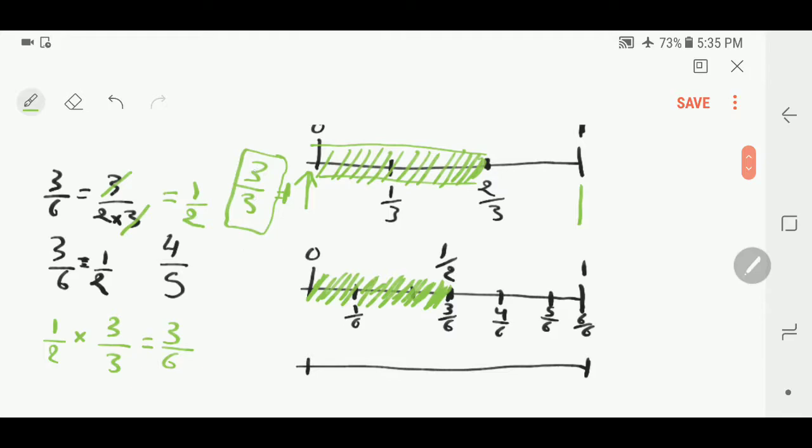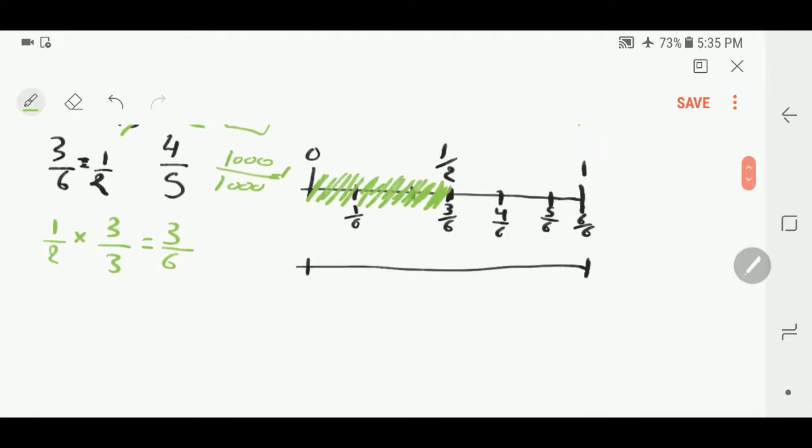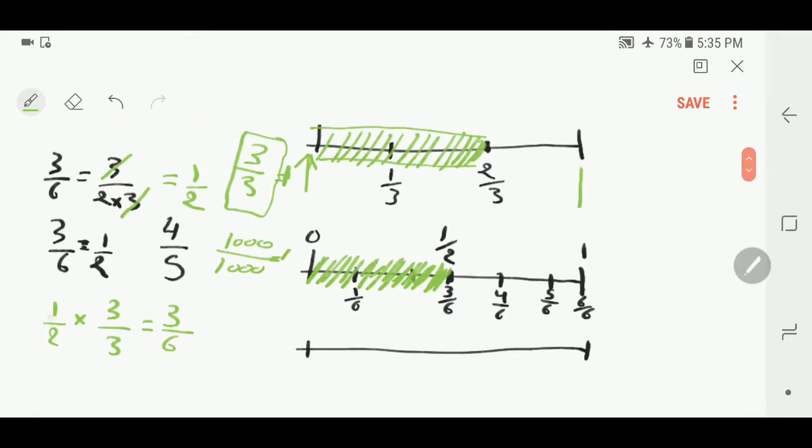Any number you divide by the same number, you get 1. 1000 over 1000 equals 1. So also when you do fractions, if you multiply any fraction by the same numbers, like 3 over 3, 4 over 4, 5 over 5, 10 over 10, 2 over 2, it may change how it looks, but it's the same value.